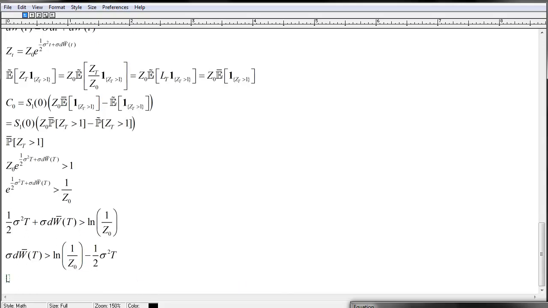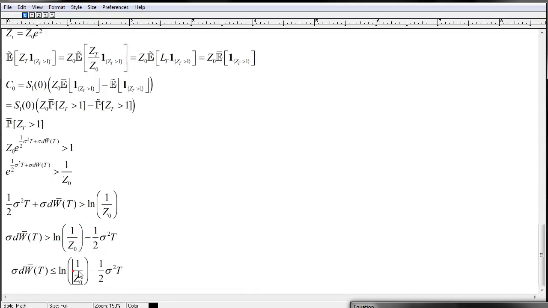What it does is that it puts this one here, and we also have to change the sign on the right hand side, the logarithm and the sign. Now we can divide by sigma.